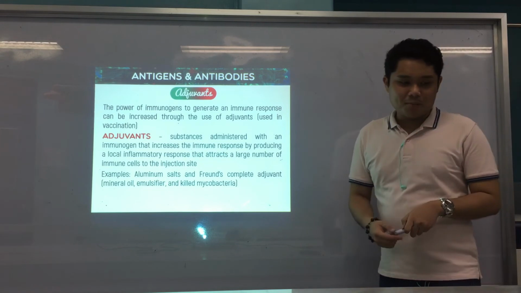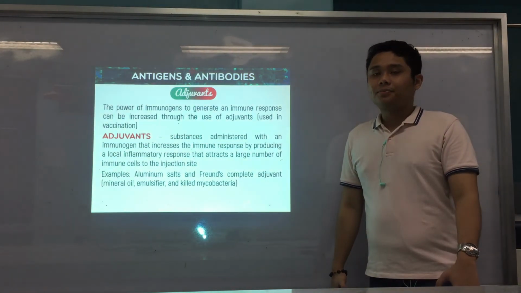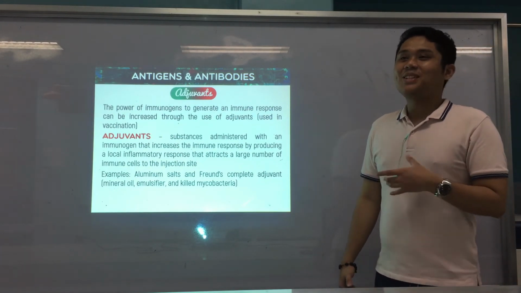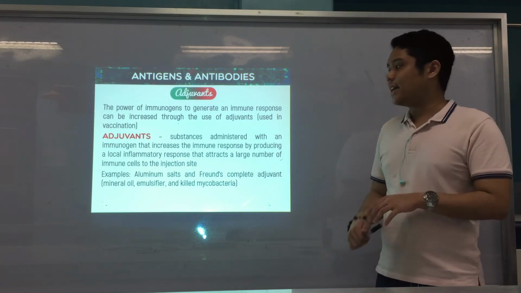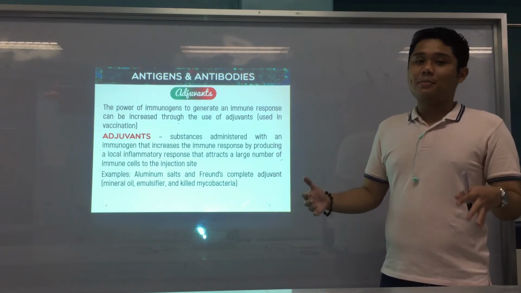So that's the purpose of an adjuvant. It is used to make sure that the immune response generates a greater, intensified response. Again, why?